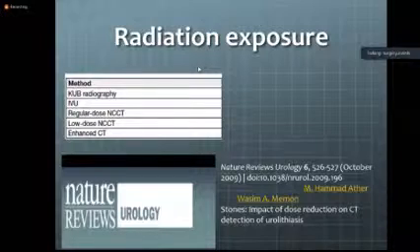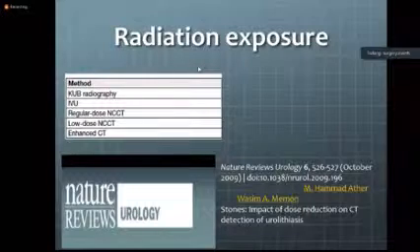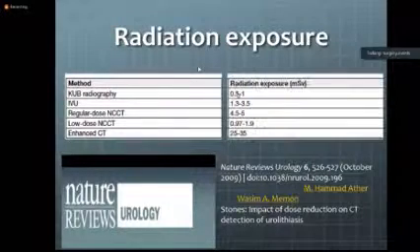Now, it's important in adults, but it's more important in children that you should know how much radiation exposure there is. These are growing individuals, and they are more prone to radiation related issues, and they will be living much longer than an adult. So radiation exposure is important.